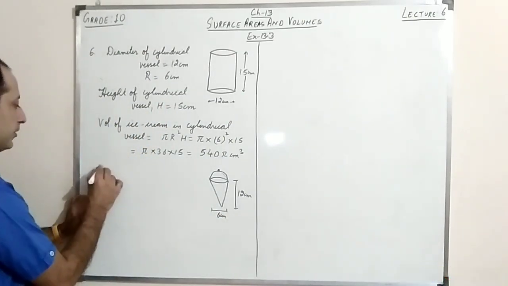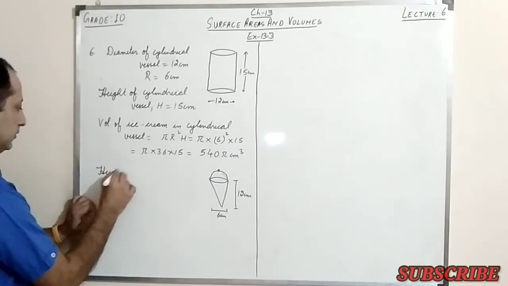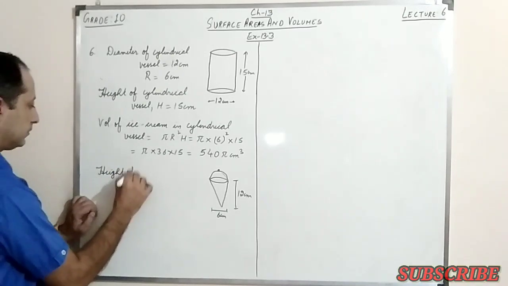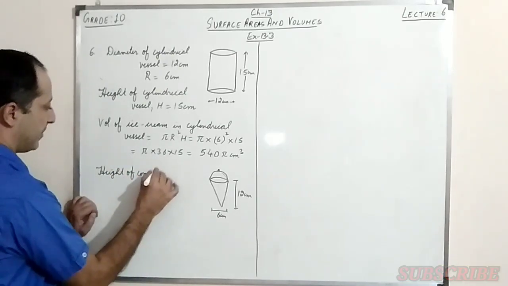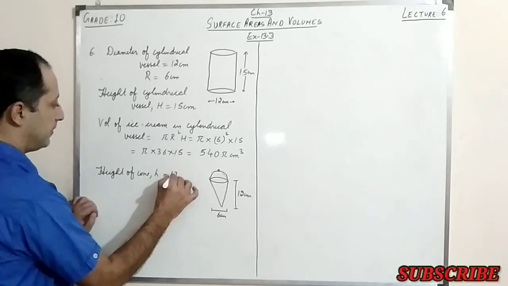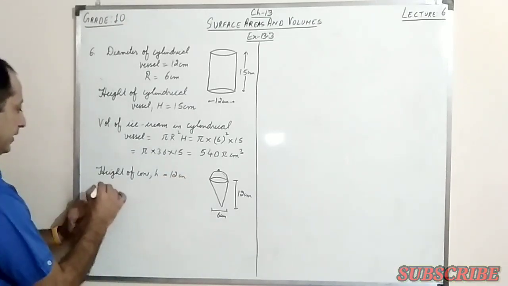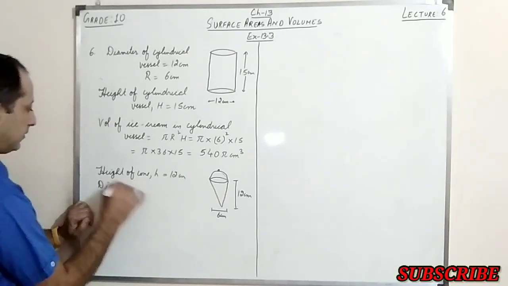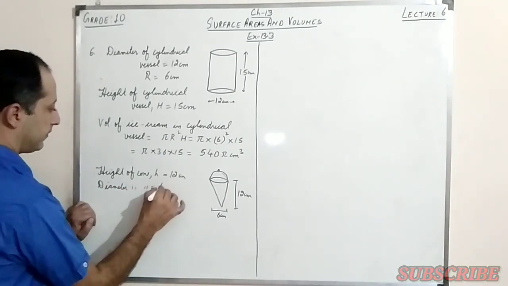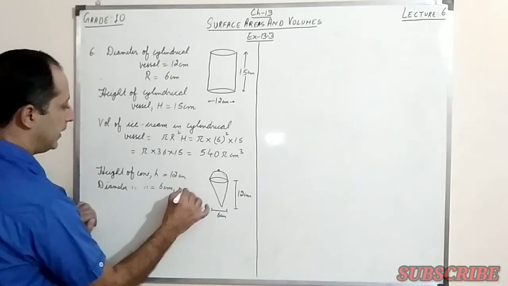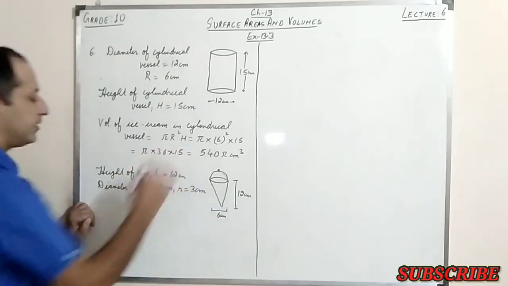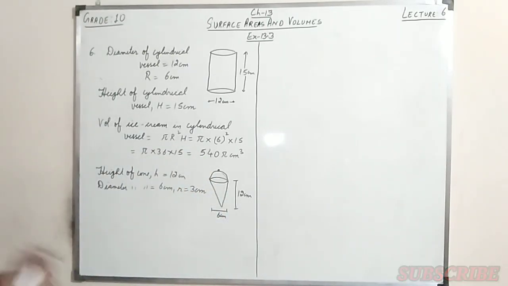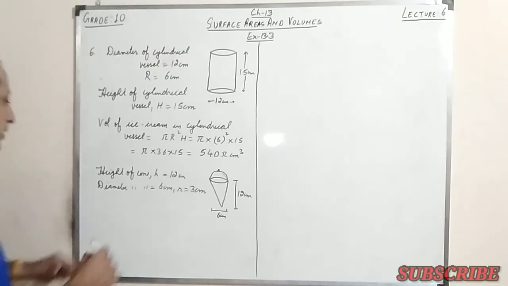So height of the cone, taking small h, is 12 centimeter, and the diameter of the cone is 6, so the radius here would be 3 centimeter.